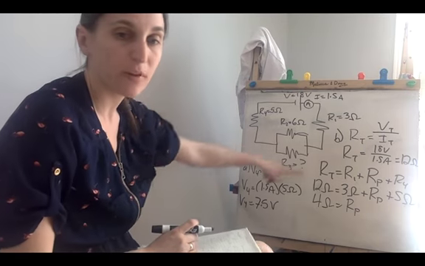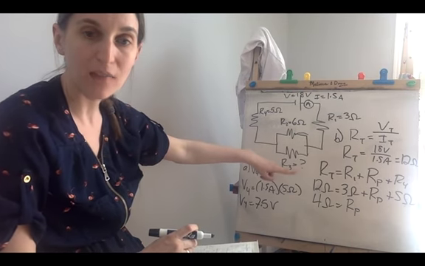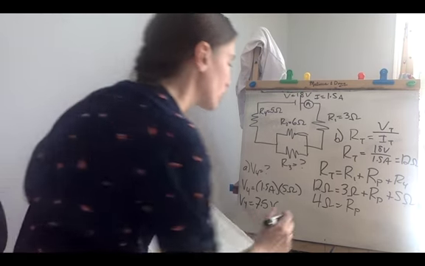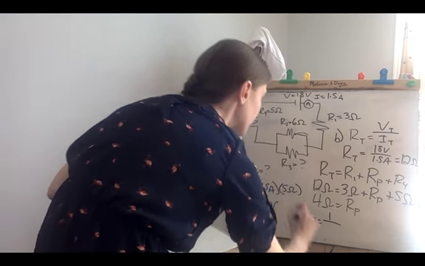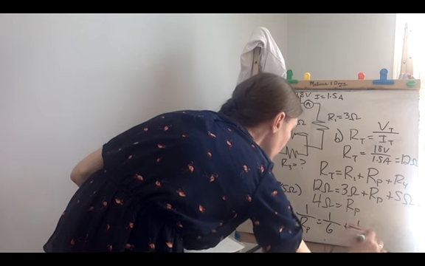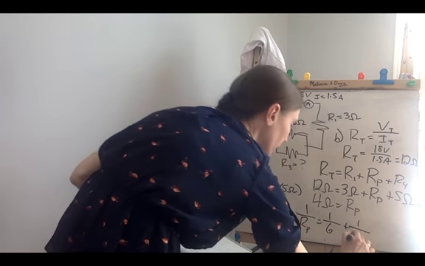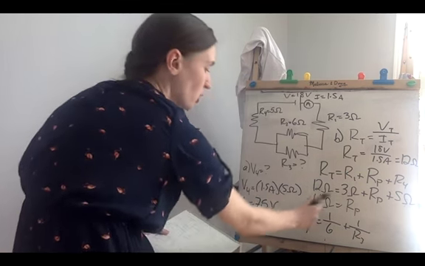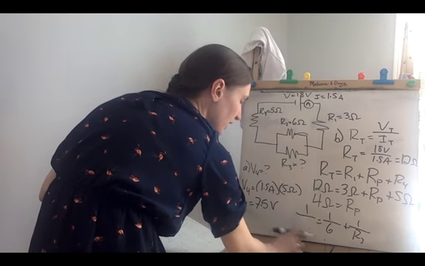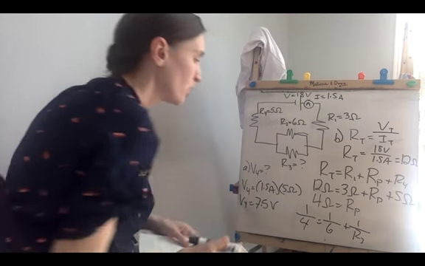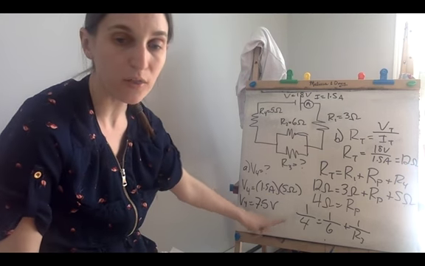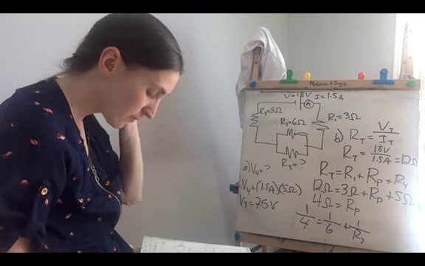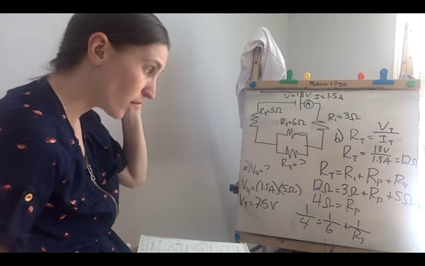The resistance from the parallel section we find using the inverse formula, where 1 over RP is equal to 1 over 6 plus 1 over R3. We know RP is 4, so we can replace that here. So 1 over R3 equals 1/4 minus 1/6, which is actually just 1/12.